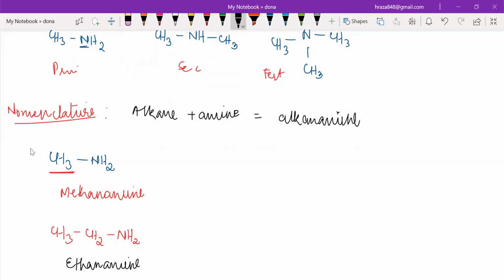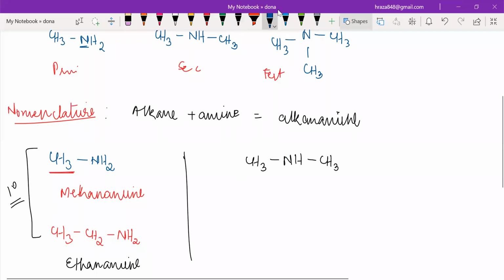And these both are 1 degree or primary amine, right? Yes, primary amine, because it's attached to one carbon. Now, if I'm going to give you this, you can see there is two branch of carbon. There is two option. One is here, and another is here.